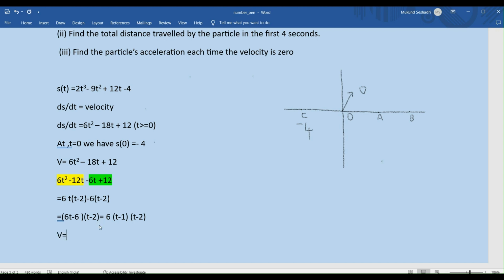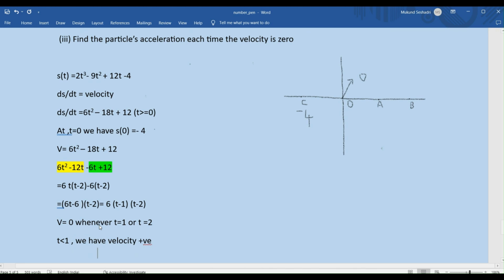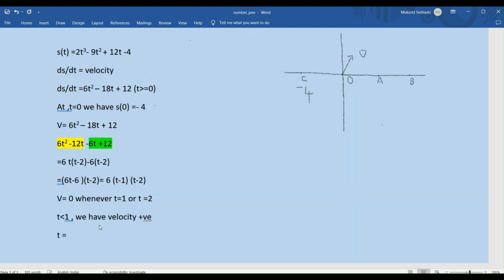The velocity becomes equal to 0 whenever t equals 1 or t equals 2. And when we have t less than 1, we have velocity positive. And for t greater than 2, we have velocity positive. I hope you're with me.